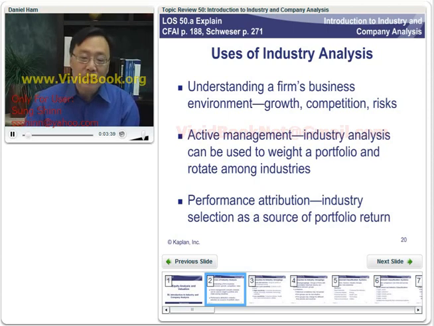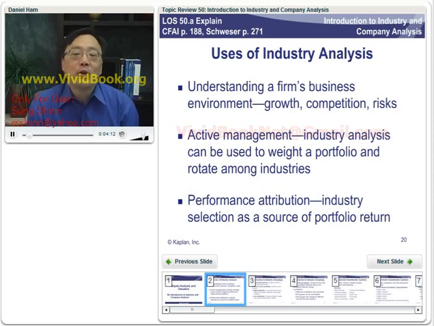Cyclical industries tend to outperform when the business cycle is expansionary and underperform when the business cycle is contractionary. So you rotate into cyclical industry groups when the business cycle is expanding, and then you rotate into the non-cyclicals or defensive industries when the business cycle tends to head toward contraction, or in the contraction phase.